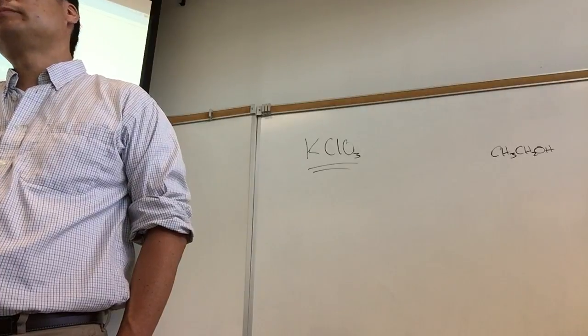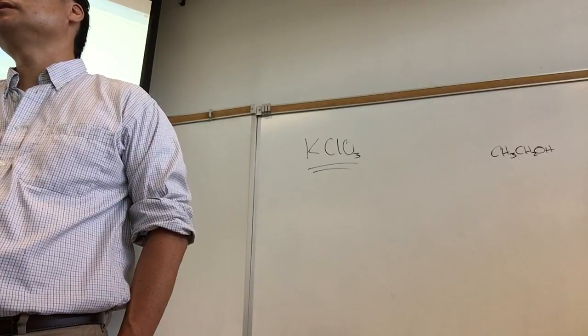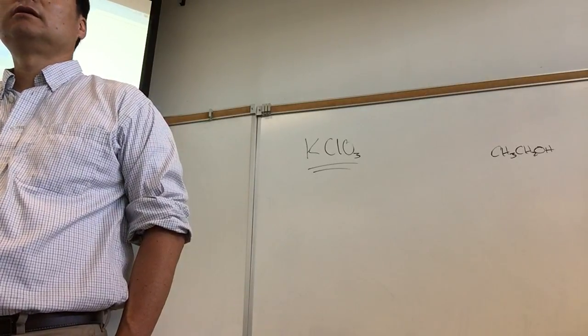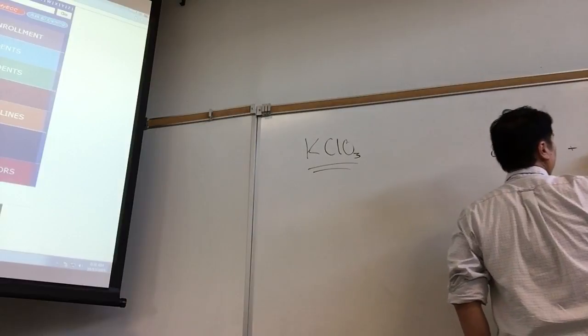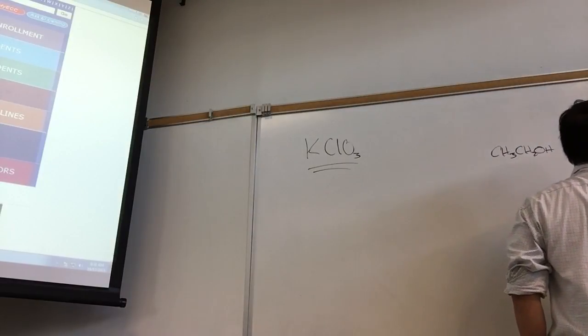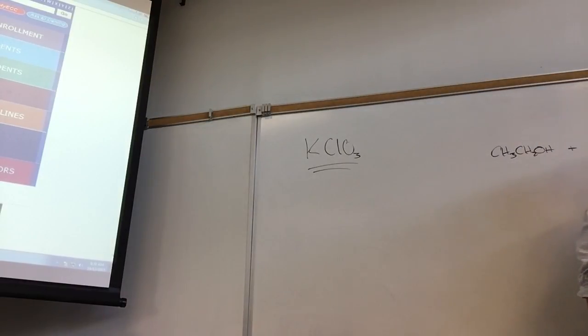If you take ethanol and burn it, you get CO2 and water. If you take ethanol and consume it, and so let's say we burn this stuff, we get CO2, water, and energy. This is chapter 7.